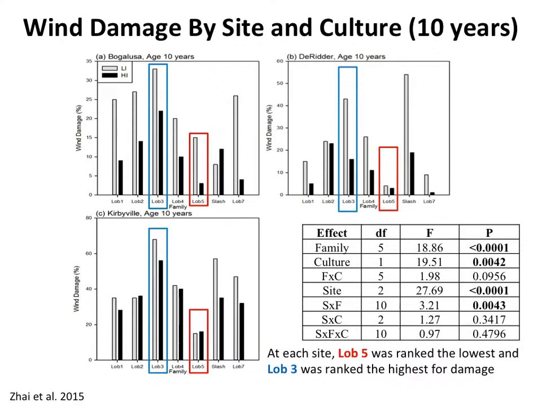So there were certain families that had much higher incidences of hurricane damage, and then there was a consistent effect of silvicultural treatment. Now, I mentioned earlier that silviculture was not significant for growth, but it was significant for this effect.